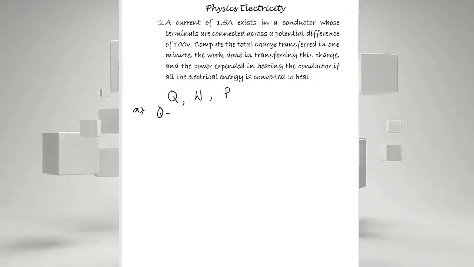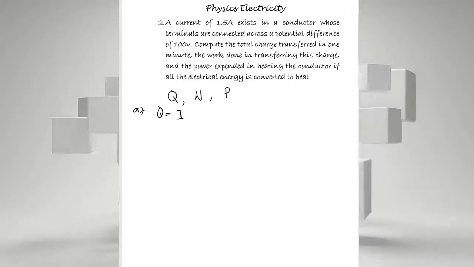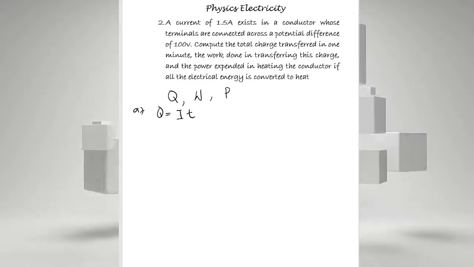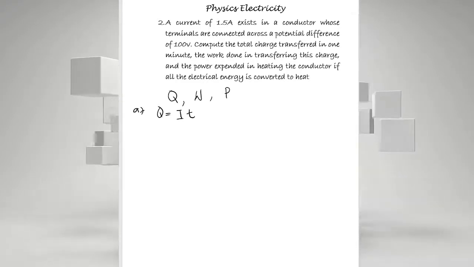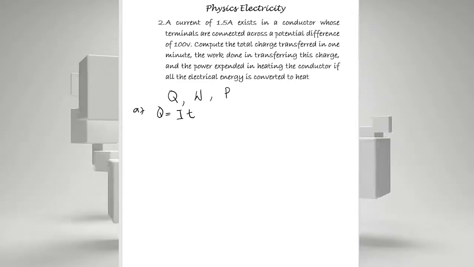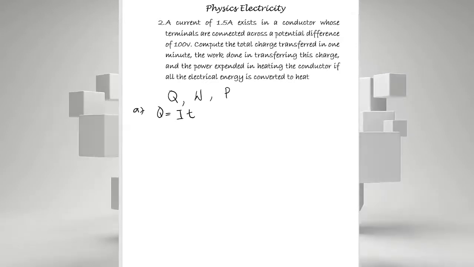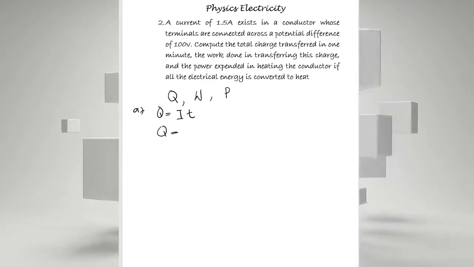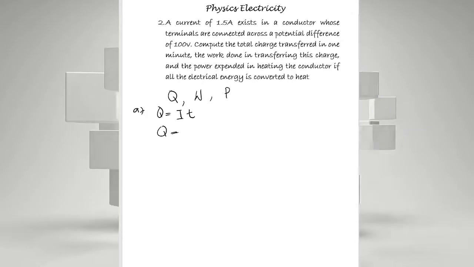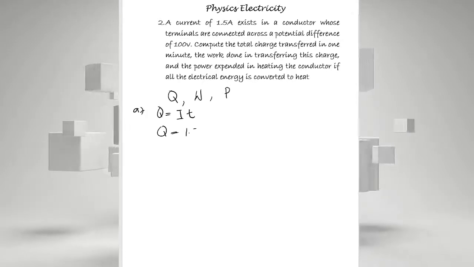Quantity of charge, Q, is given as Q is equal to IT, where I is our current and T is the time at which that current passed through that particular point we're looking at. So Q is equal to I, which is 1.5.